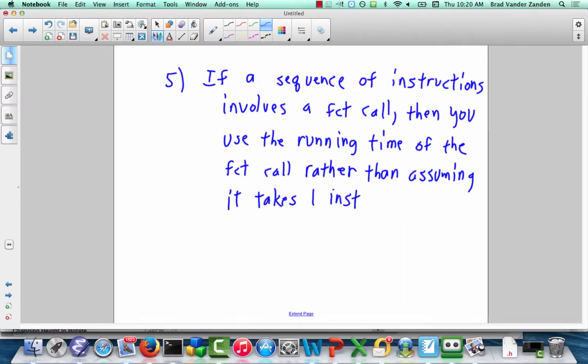So you don't assume that a function call takes one instruction. You have to compute the running time of the function.